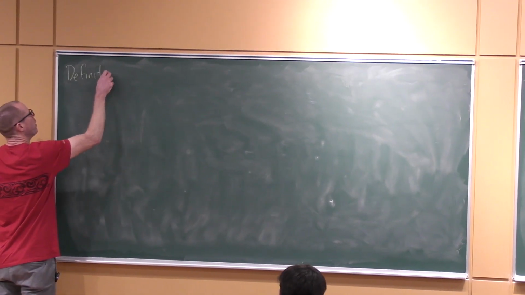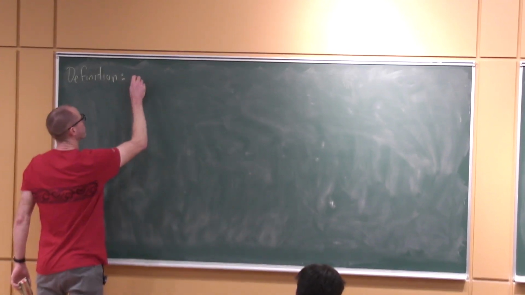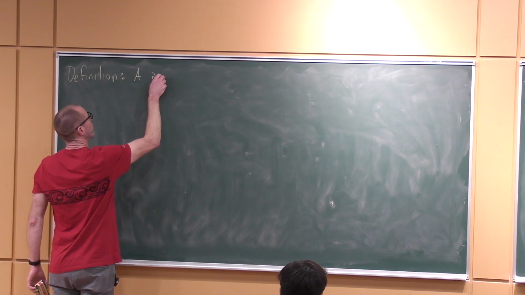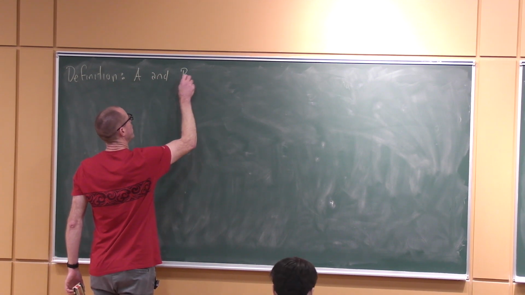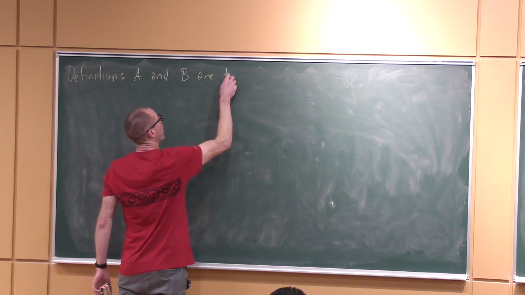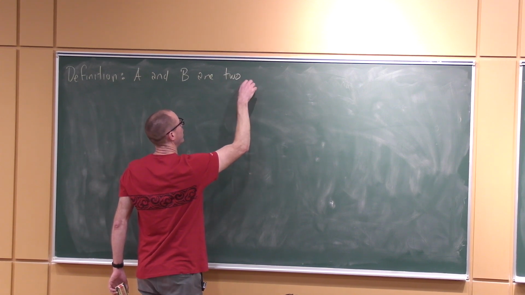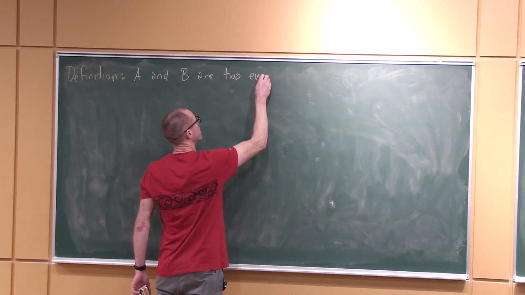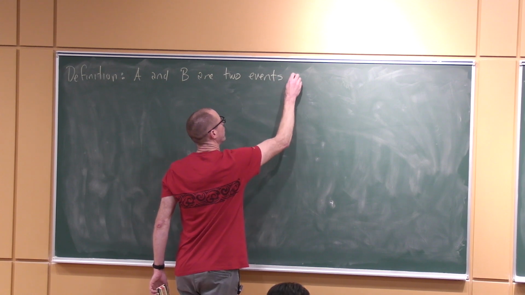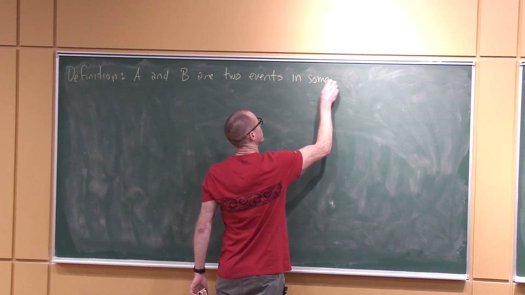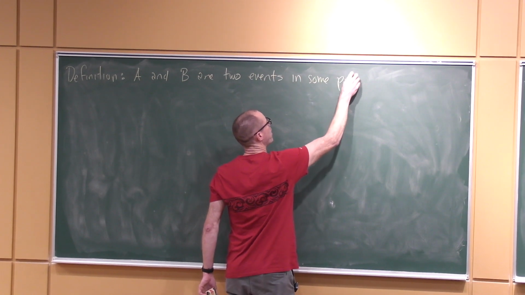Definition: A and B are two events in some probability space.